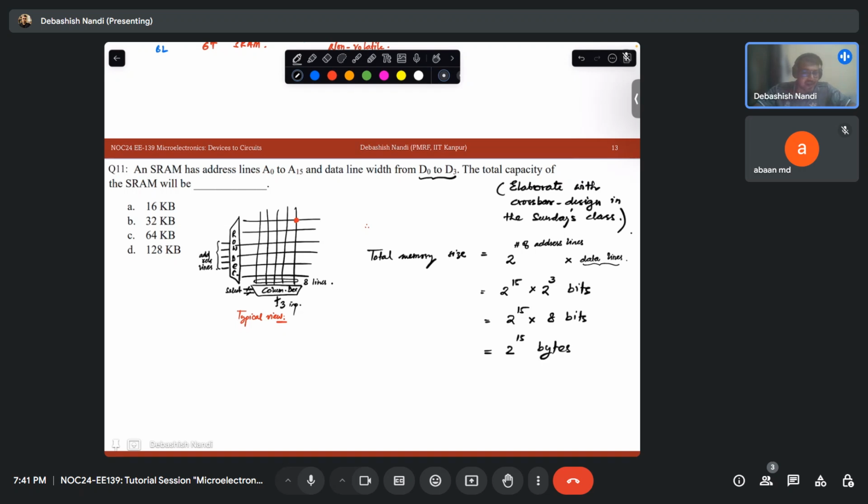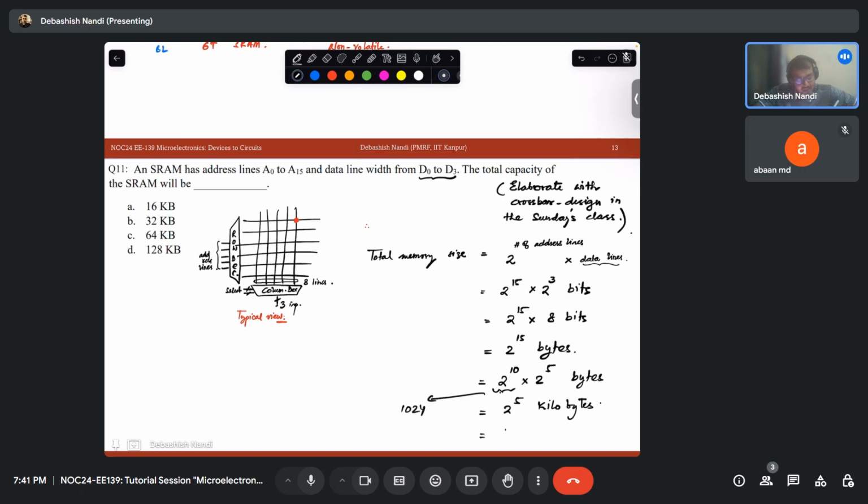That is 2 raised to 15 bytes, since 8 bits is 1 byte. And 2 raised to 10 bytes is 1 kilobyte, which is your 1024, right?